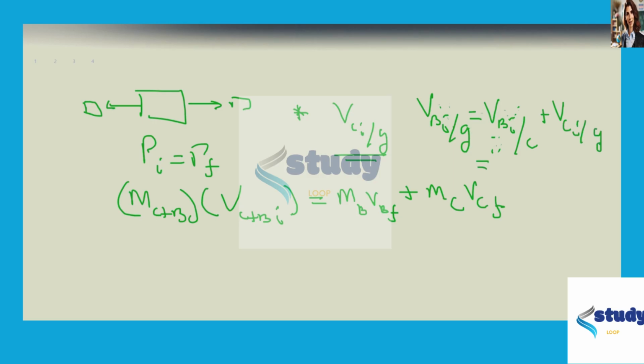So the velocity of the block is -5 meters per second, plus the velocity of the car relative to the ground is +5 meters per second, and you can see that the velocity of the block relative to the ground will be 0. This is the final velocity.